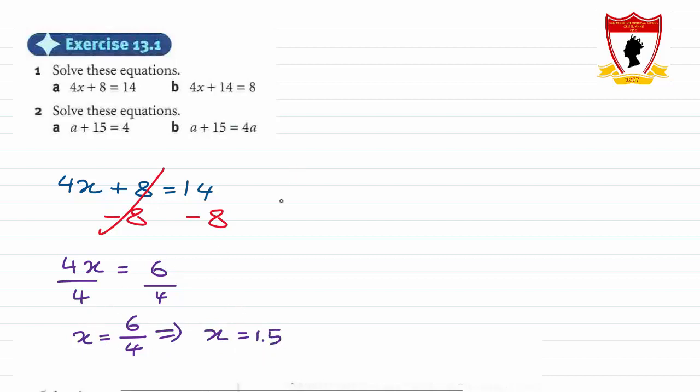Both fine, no problem. Let's do question 2b. a plus 15 is equal to 4a. Since we have a on both sides, it's better to get rid of a on one of the sides. I see minus a is easier because I don't get any negative.